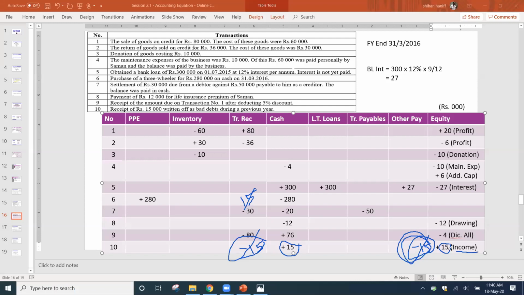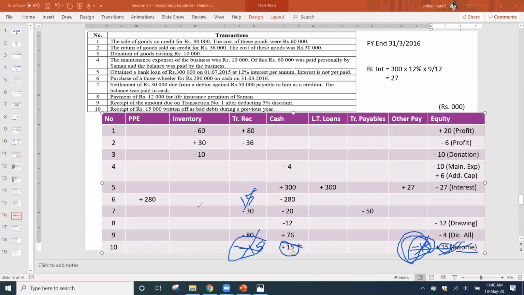We add back that 15,000 as income. So the profit also will set off. This minus 15 and plus 15 will set off. Final net effect will be the debtor will be paid and the cash will increase. So I hope it is clear.